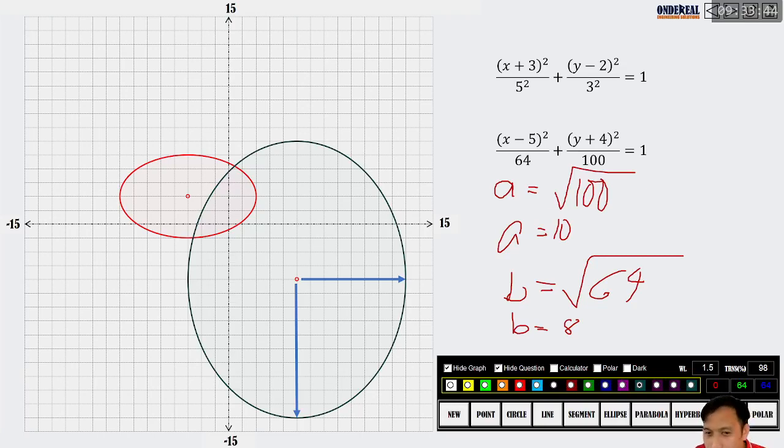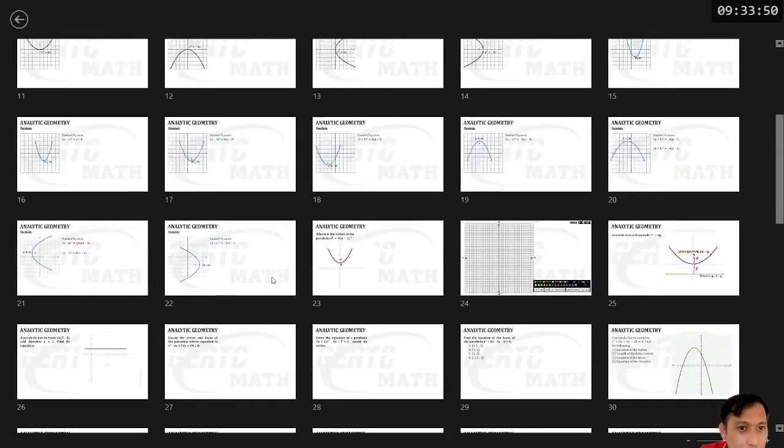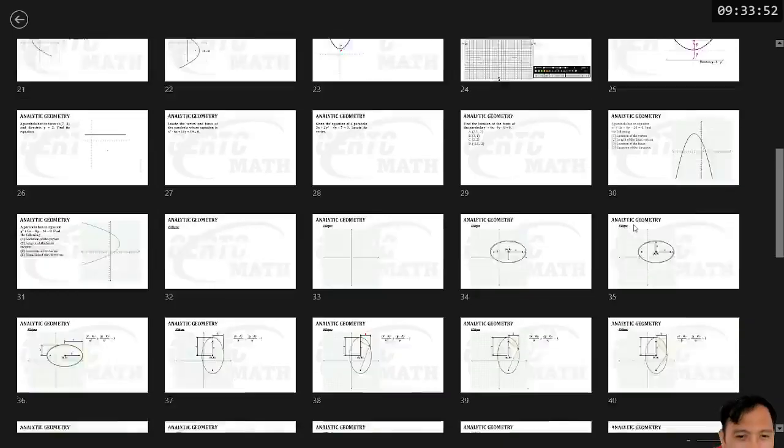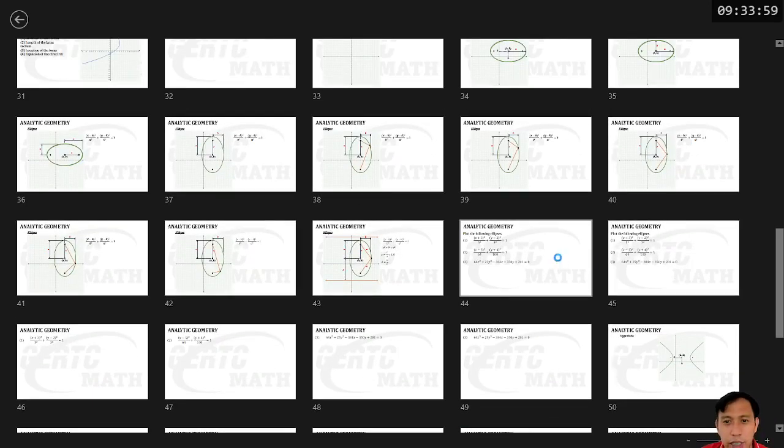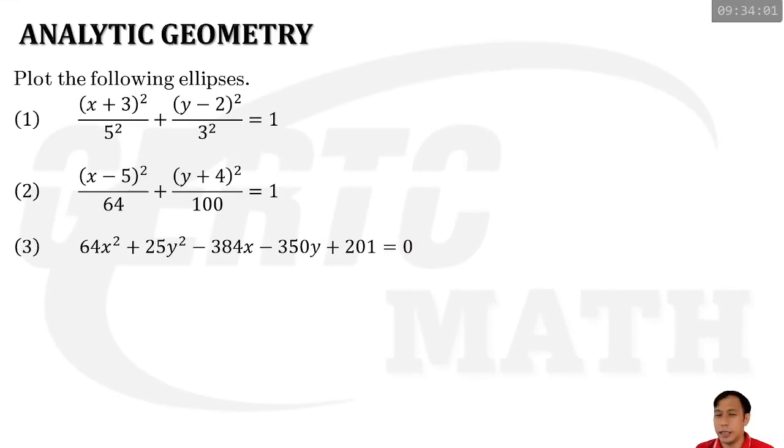But how about the other one? Yeah, how about the other one? Where's that again? Well, the other one is written in the general form of an ellipse.